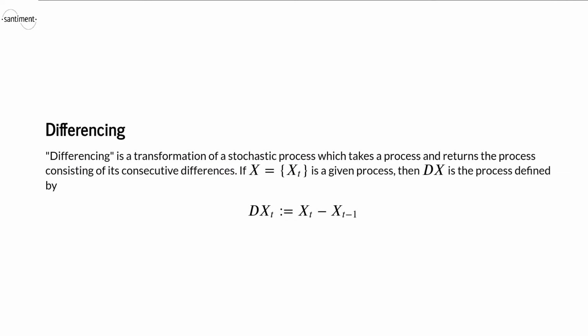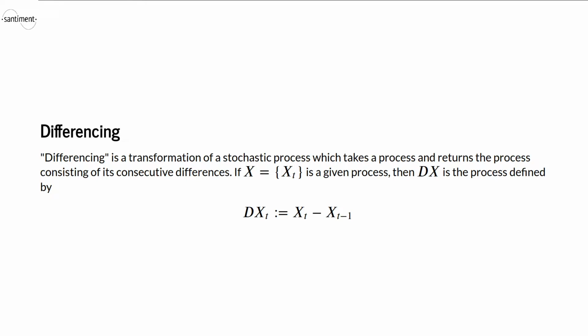Okay. So what is differencing? Actually, we've done this probably many times already. You can think of it as taking a stochastic process or a time series, and constructing another time series or process, which is the process of the consecutive differences of the first time series.